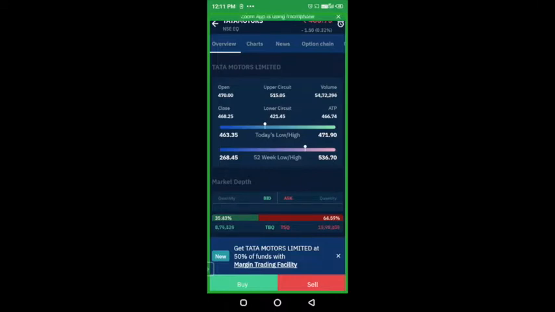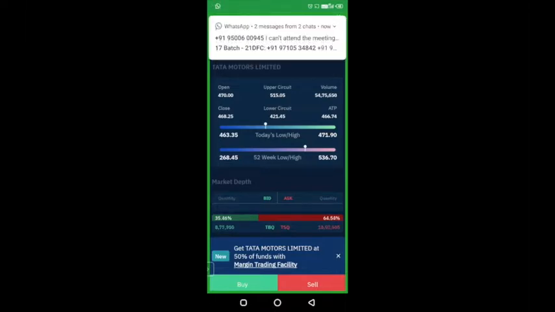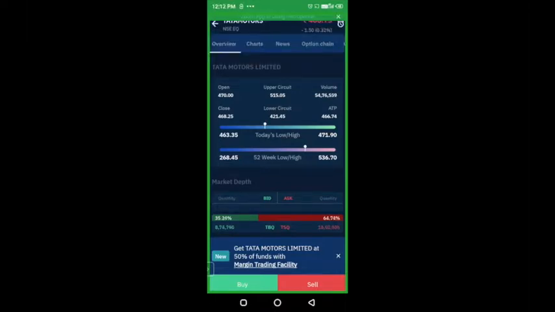So in this case, Tata Motors has opened today at 470. So the upper circuit price of Tata Motors is this one, okay? The upper circuit limit of Tata Motors is this one. So today, whatever be the good news, even if Tata Motors is going on a venture with Tesla, even if that happens, Tata Motors can't hike beyond 515.